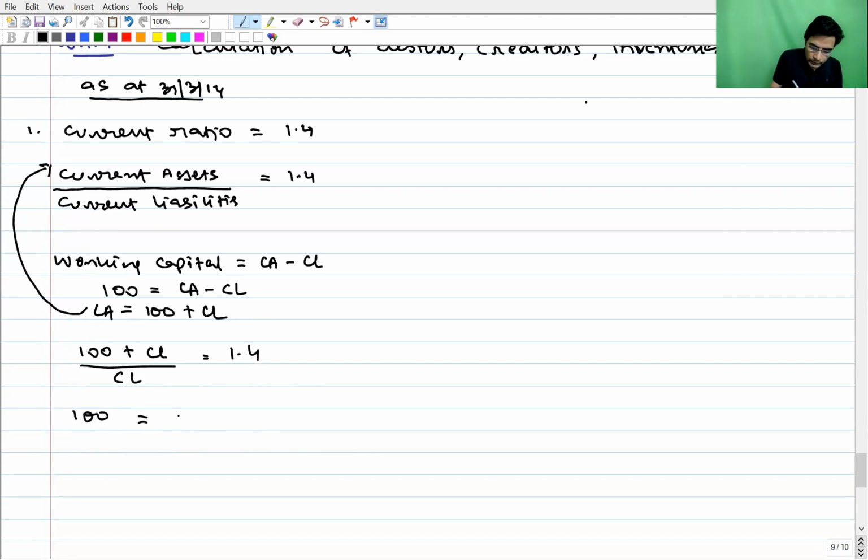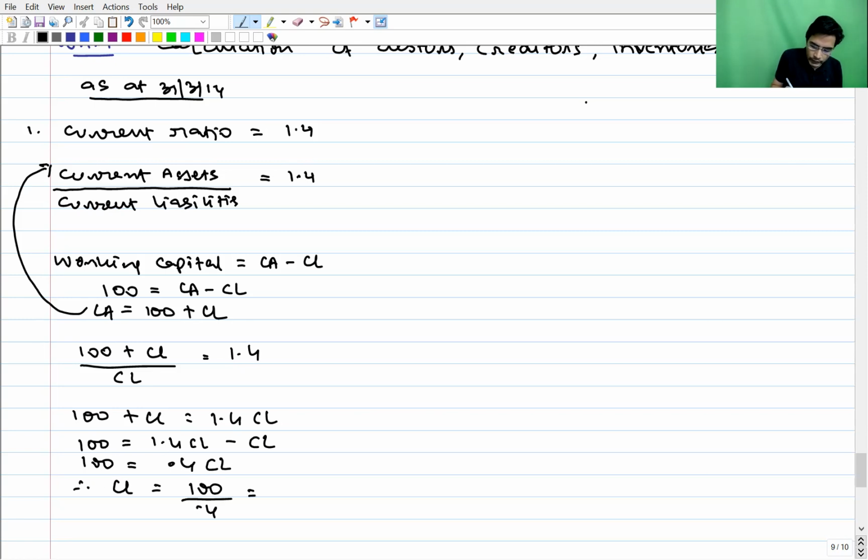100 is equal to 1.4 current liability minus current liability. So 100 is equal to 0.4 current liability. Therefore, current liability is equal to 100 divided by 0.4, which is 250 lakhs.